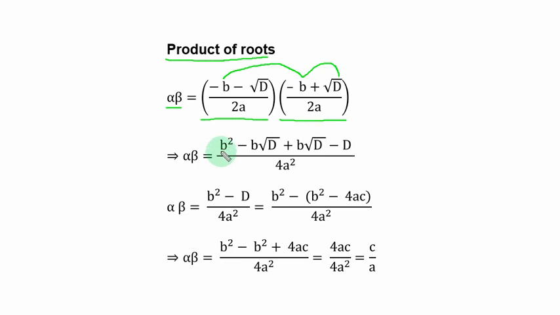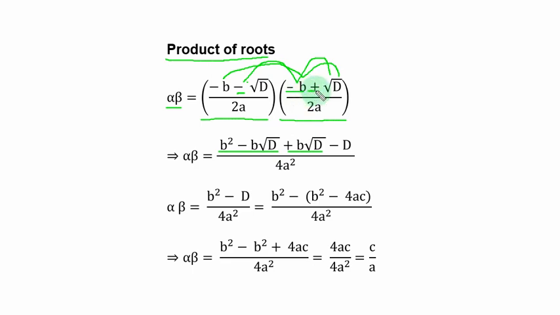So you have b squared minus b root d. Then minus root d times minus b and plus d. So minus root d times minus b first, you have plus b root d.